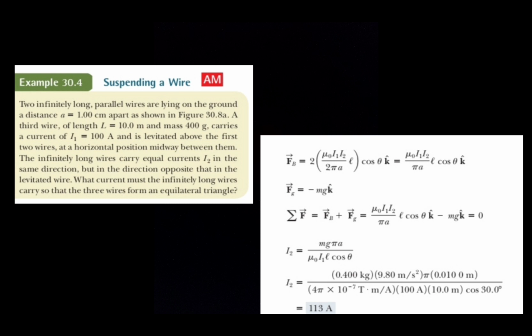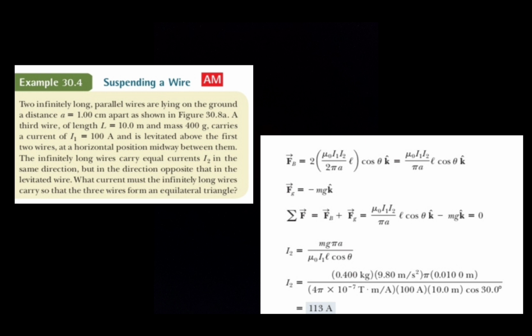Apply the particle in equilibrium model by adding the forces and setting the net force equal to 0. So the sum of the forces is F sub B plus F sub G, which is equal to mu sub 0 I sub 1 I sub 2 over pi a times L cos theta k hat minus mg k hat, equal to 0.